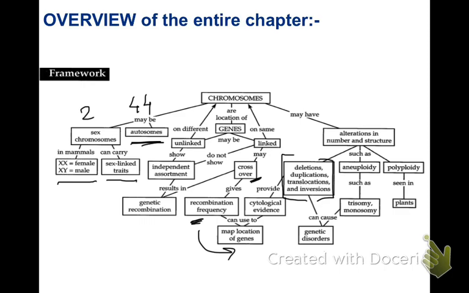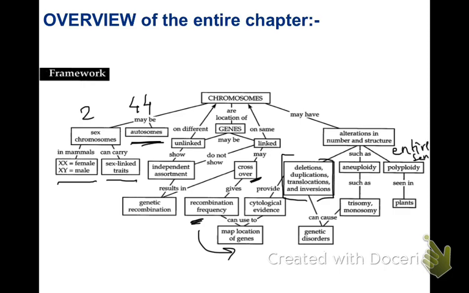Okay, you can have alterations in number, such as aneuploidy, which could be a trisomy or a monosomy, 3 copies or just 1 copy, or polyploidy, meaning an entire set.